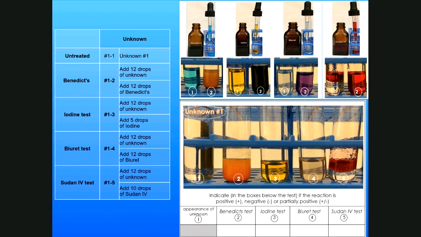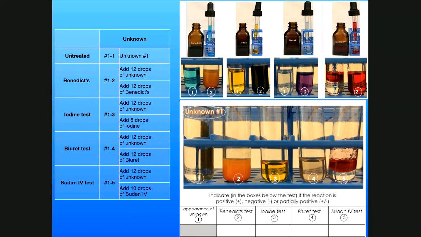The first tube shows you the appearance of the unknown without any additions. The second test shows you the appearance of the unknown with the Benedict's test. The third one shows you the appearance of the unknown with the iodine test, and then the biuret test, and then the Sudan 4 test.